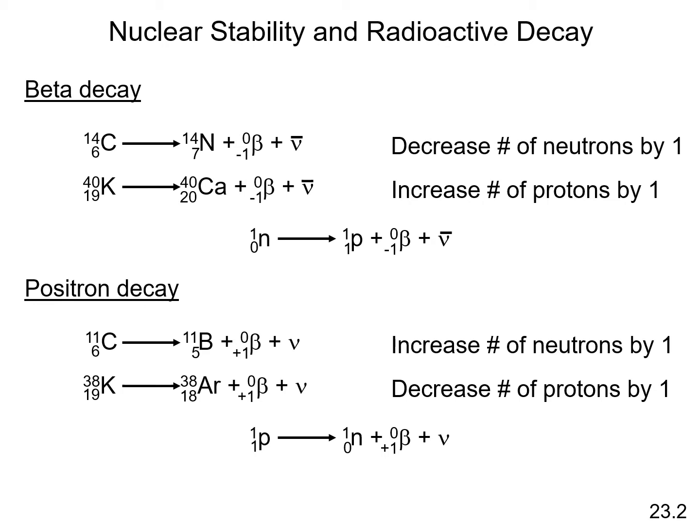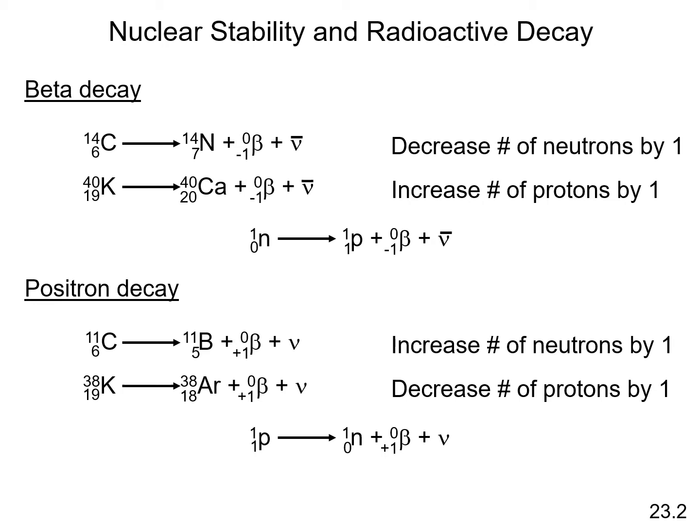So one of the common nuclear decays is the beta decay. When an unstable or radioactive nucleus decays, it gives off an electron. So the beta decay refers to the electron. What happens here is the neutron in the nucleus transforms into a proton, giving you an electron plus a certain amount of energy.